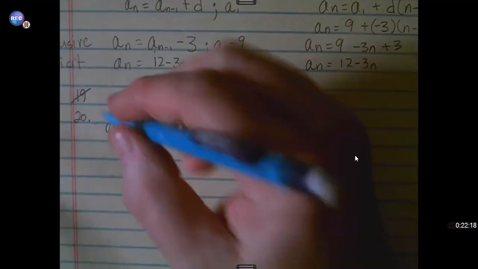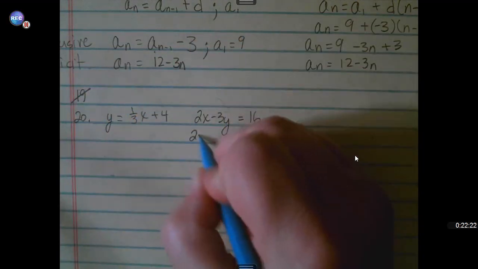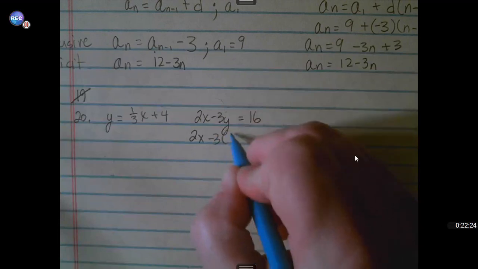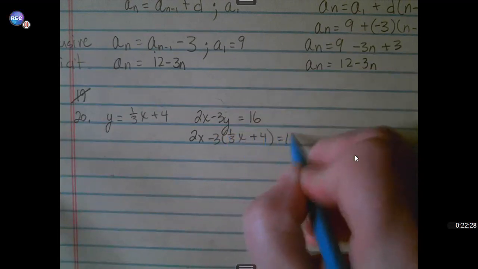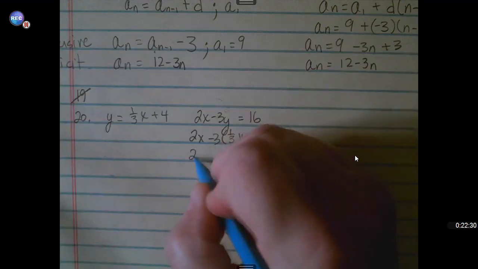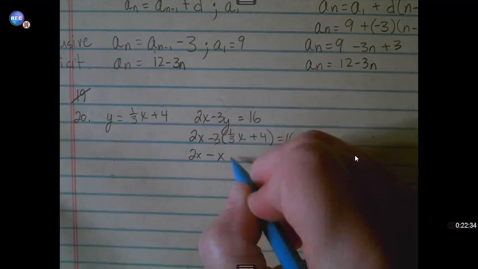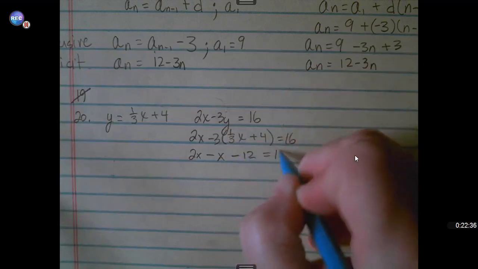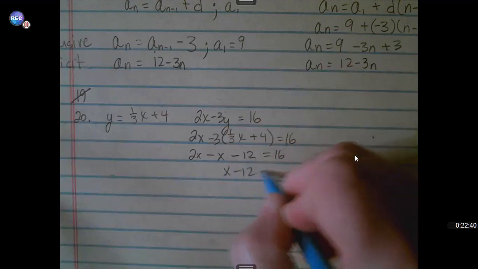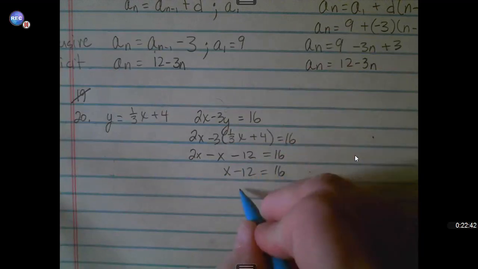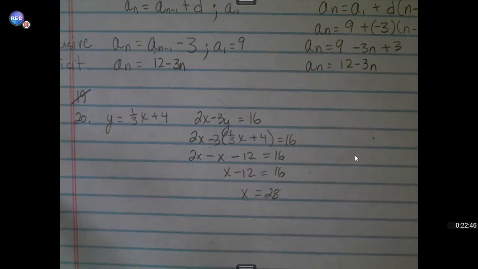I'm going to substitute the 1/3 x plus 4 over here for y. 2x minus 3 times a quantity, 1/3 x plus 4. Distribute the -3, so that's going to be minus x minus 12. 2x minus x is x. Then add 12 to both sides, and we get that x is 28.